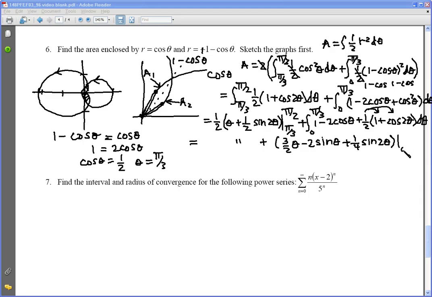And then we're going from 0 to pi over 3. Okay, and then you just got to plug in. And I will let you do that part. So this is a lot cleaner here because we didn't have to worry about negative radius that we would have gotten up here. Alright, so hope that is helpful.